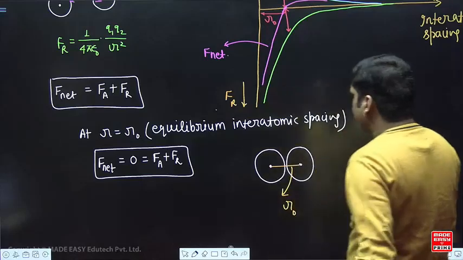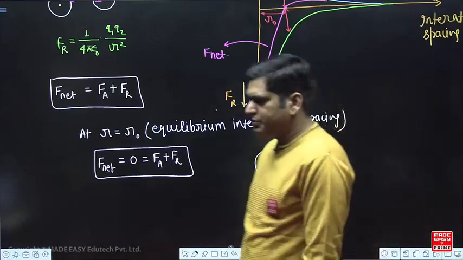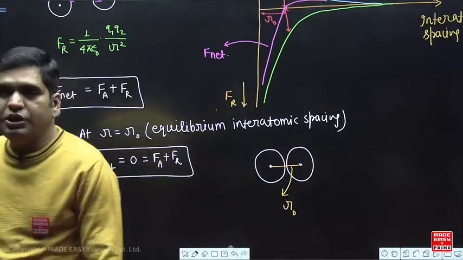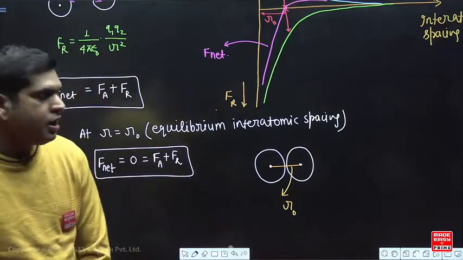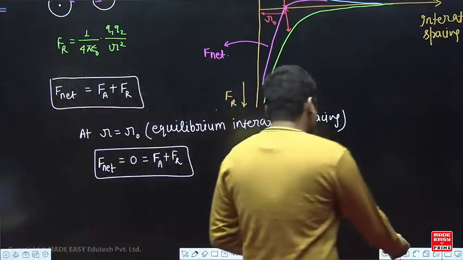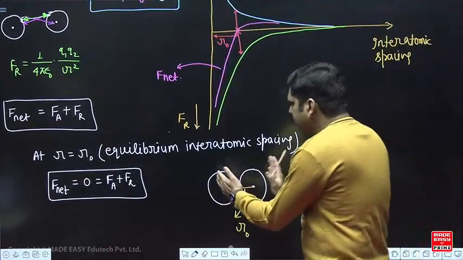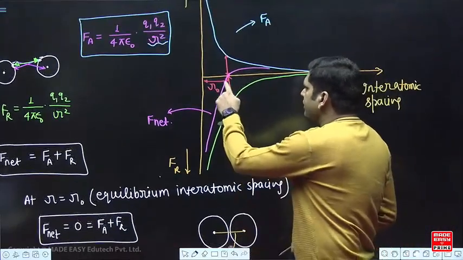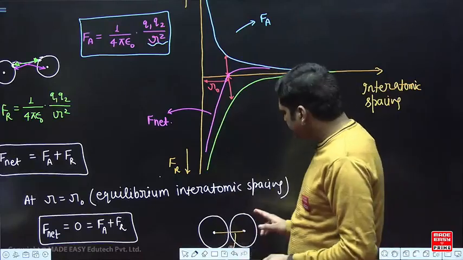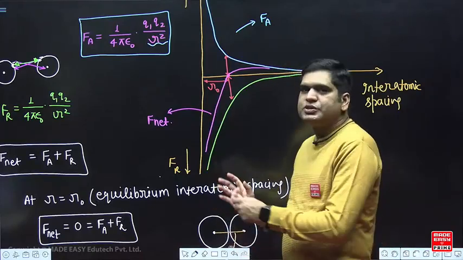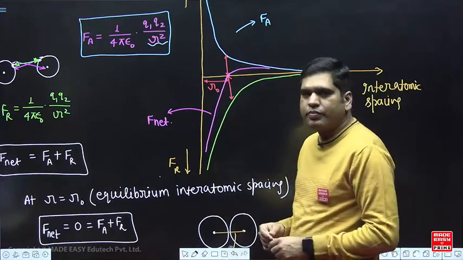So this net force, which is sum of attraction plus repulsion, is basically keeping them together. Now at this point, if you want to decrease the spacing further, then repulsion force will start working and it will not allow you to decrease the spacing between the atoms further.